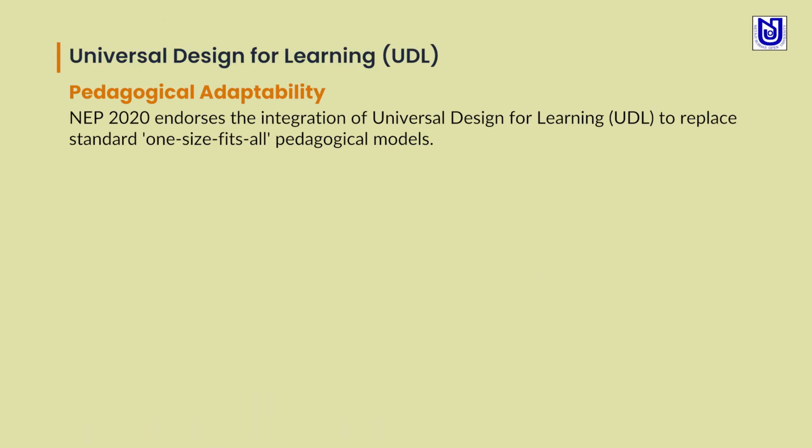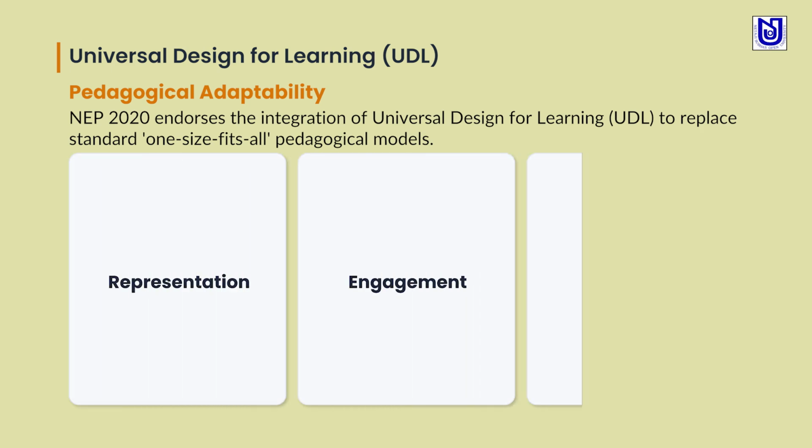The NEP 2020 endorsed the integration of the UDL, Universal Design for Learning, replacing the standard one-size-fits-all pedagogical model. Here, the focus shifted to representation, that is delivering content which is relevant and varied across textual, visual and tactile modes.